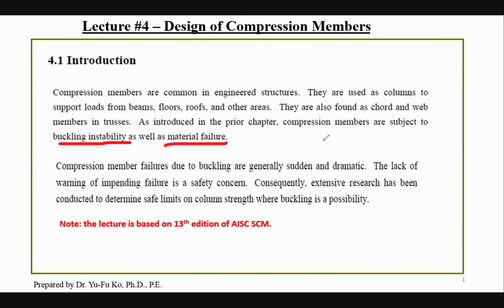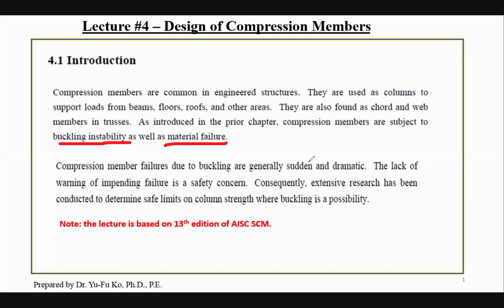So extensive research has been conducted to determine the safe limits on column strength when buckling is a possibility. Okay, so this is an introduction about the compression member.